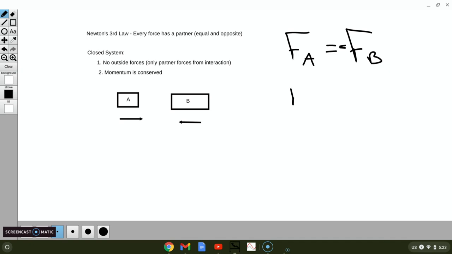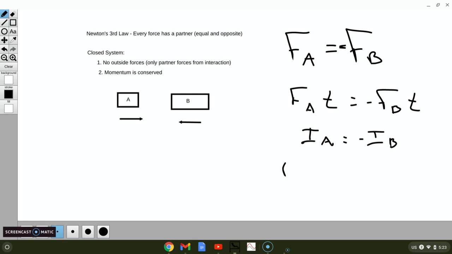So that means that the force of A times the time it takes is equal to the negative force of B times the time it takes, and t is the same for both. So immediately you should see that the impulse of A is equal to the negative impulse acting on B. Well, we can take it a step further, because you remember, impulse is change of momentum.